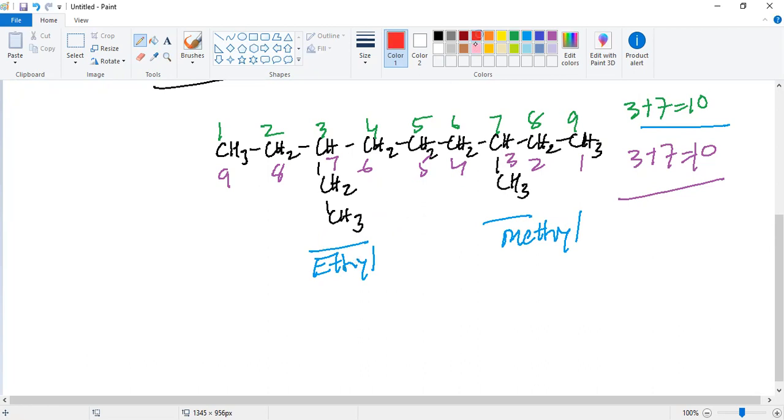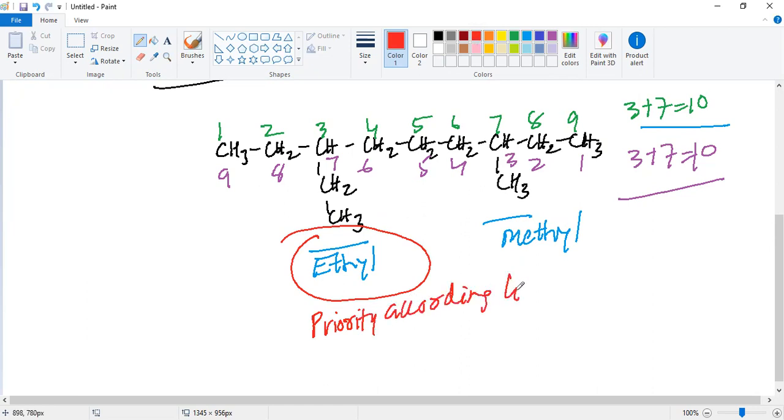Ethyl has got priority according to the alphabetical order, and that is why where ethyl has got the lowest number 3, this kind of numbering is given priority.